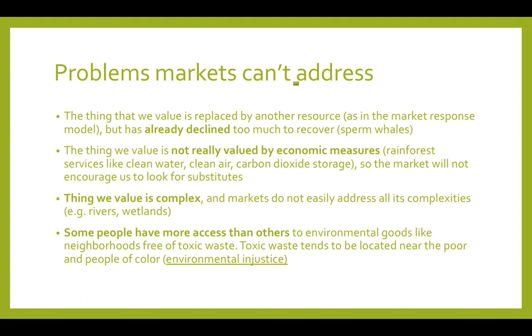So we call that environmental injustice, this problem where environmental bads often end up near people of color and poor people. And so markets don't do a good job of addressing that because, again, markets are about money. And so who has more money tends to have more influence and control. And therefore, people who are living next to the toxic waste don't necessarily have a lot of control over what happens with the toxic waste.